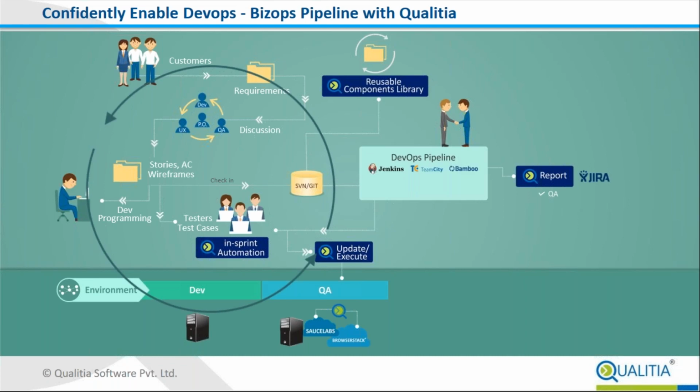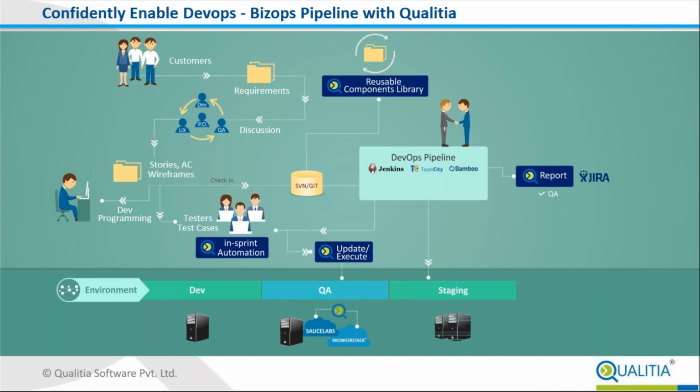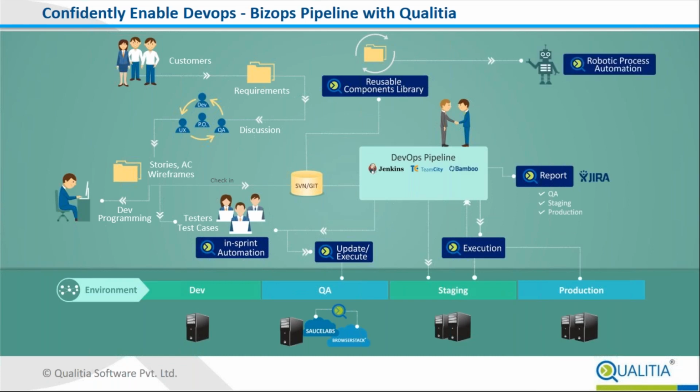This entire thing goes on throughout all the sprints until the release is ready for the staging environment. And once the staging build is ready, that is pushed through the DevOps pipeline to the staging environment, and the DevOps pipeline also kicks off Kulesia execution. Once the staging environment passes the Kulesia execution, the same build is available and promoted to production.